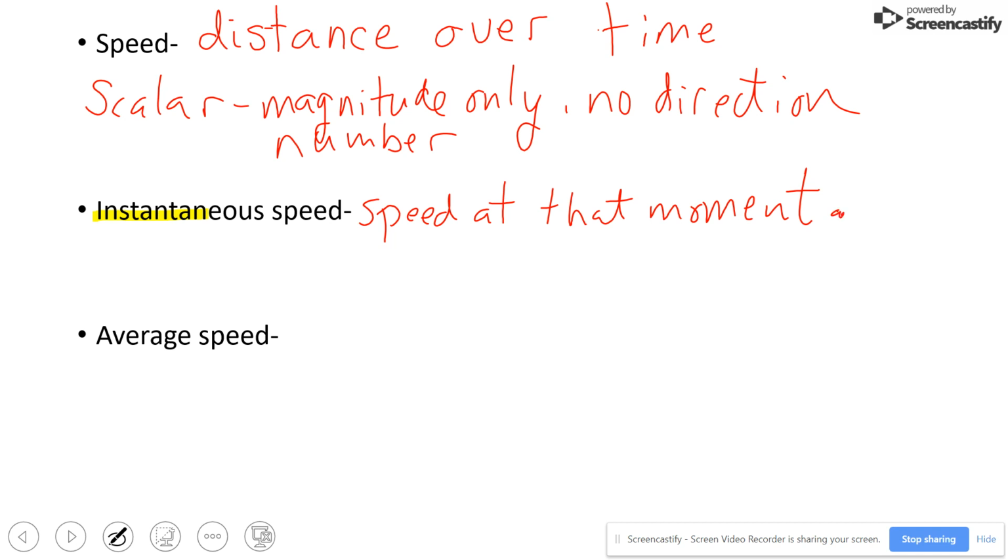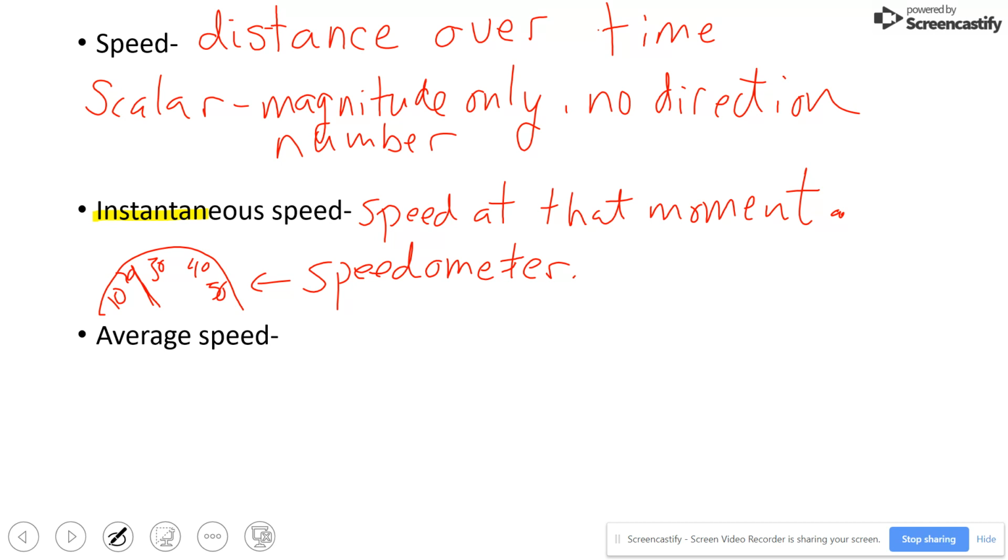So if you're driving in a car, in order to come up with your instantaneous speed, your speed at any given time, you're going to look at your speedometer. Remember, your speedometer is the thing here. We got 10, 20, 30, 40, 50. So this is your speedometer.